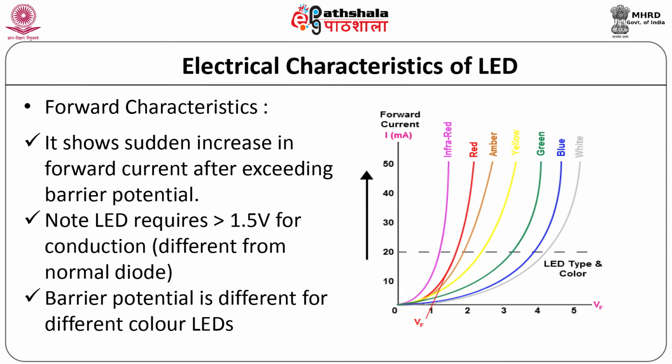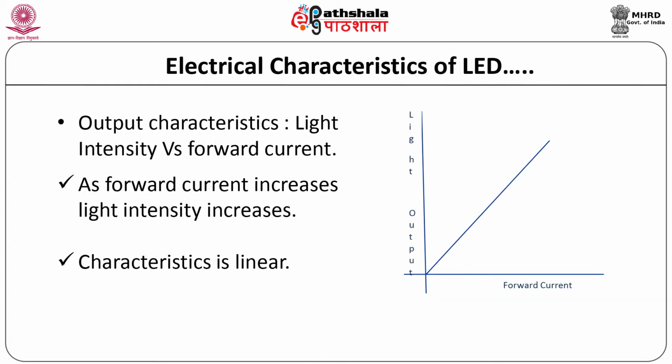It is seen from the characteristic that the knee voltage for the infrared LED is the lowest and it increases for short wavelength material. Once current starts flowing through the LED, it can only be controlled by a series external resistor.